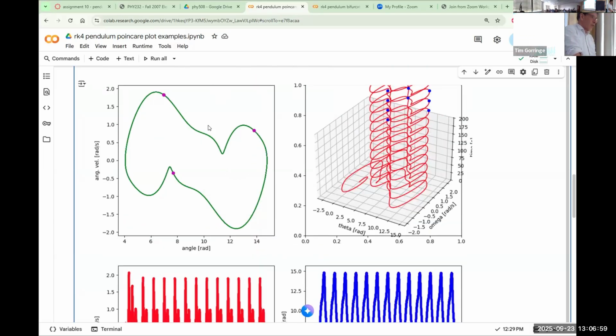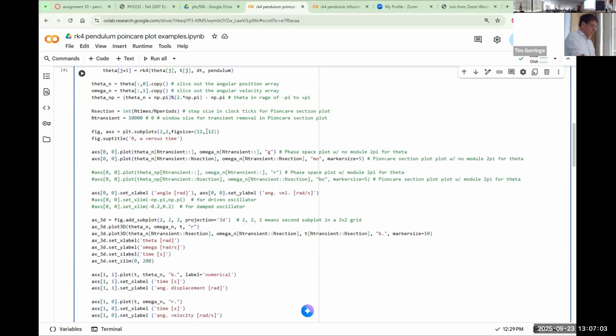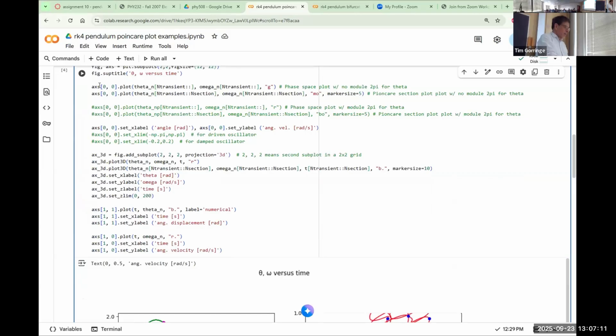This is for a driven pendulum, so don't worry about what that looks like. Okay. At the bottom here, let me make this a bit larger.